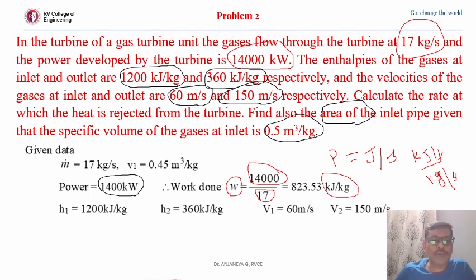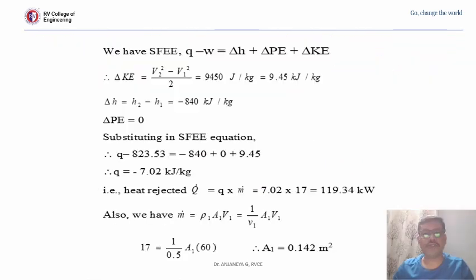In the problem he has given H1, H2, the velocity at the inlet and the velocity at the outlet. We have the steady flow energy equation on a unit mass flow rate basis, taking small q minus small w as the change in enthalpy, change in potential energy and change in kinetic energy.